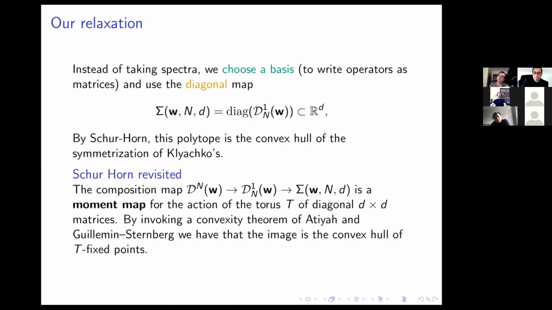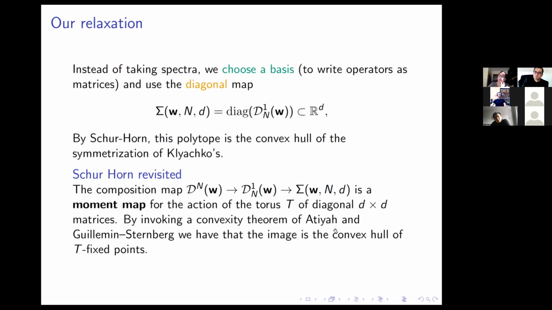So these co-adjoint orbits in general have a lot of structure. They are actually a symplectic manifold, and you can define on them something called a moment map. What's happening here is that this is the image of a moment map. And it's not clear at all why the image of the moment map will be convex.